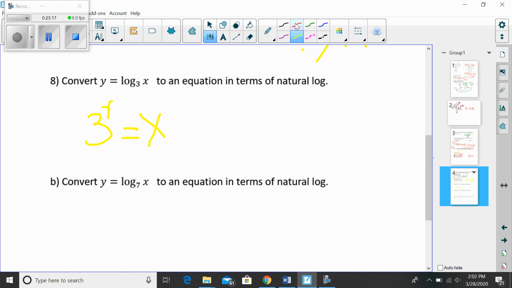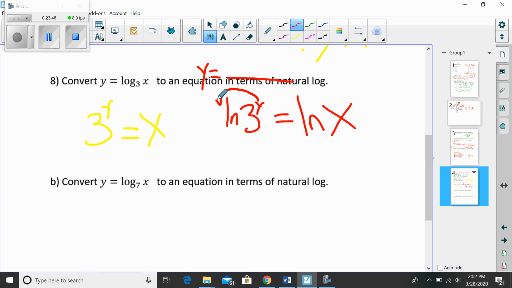So take the natural log of both sides, and I would get natural log 3 to the y equals natural log x. The reason this helps me is that I want to solve for y, right? I want something in terms of y equals, because that's the normal way to write functions. But look what happens because of the laws of natural log, that y drops in front.